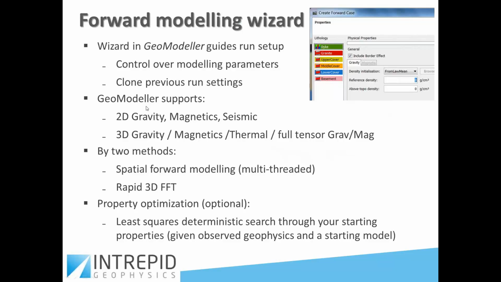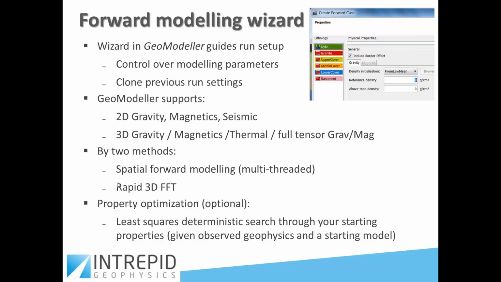It's a very easy way to proceed with doing iterations of forward runs. Also to say that GeoModeller supports 2D gravity, magnetics and seismic, and in 3D, direct from the 3D model, we can forward model gravity, magnetics, the thermal response, that's 3D in situ temperature, plus full tensor mag and grav.